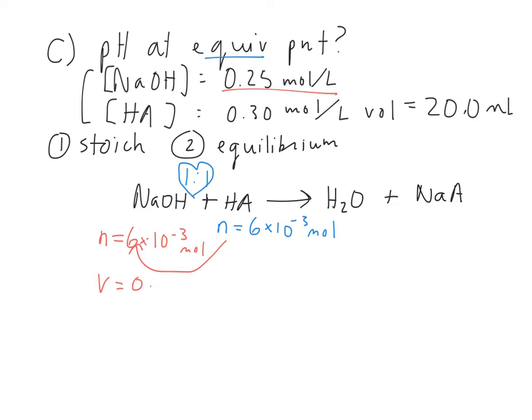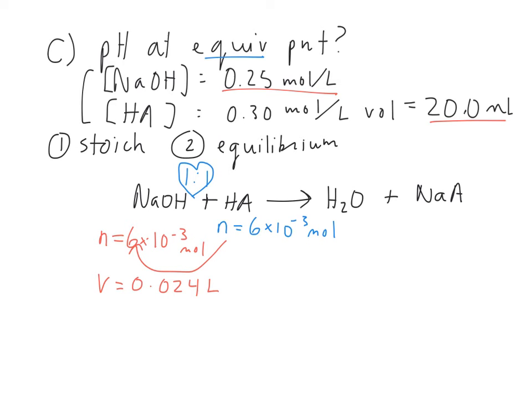I get a volume of 0.024 liters, and it does make sense because I have a slightly greater concentration of acid, 20 mLs, slightly lower concentration of base, 24 mLs would take me to that same molar amount, so that seems like a reasonable value, okay.